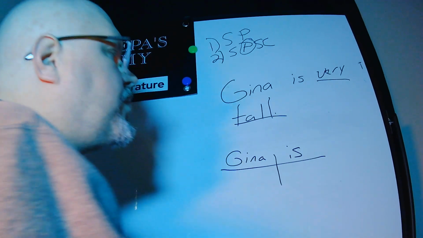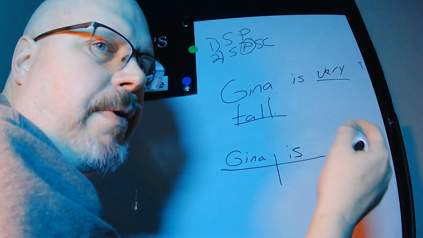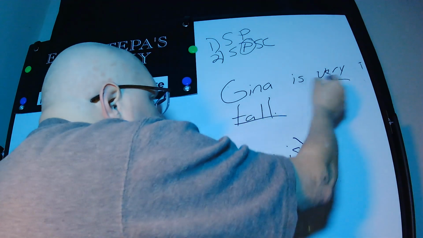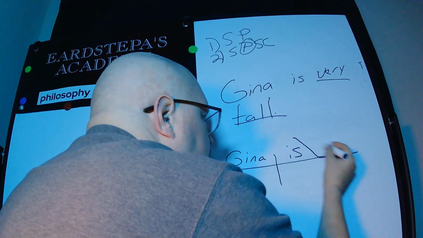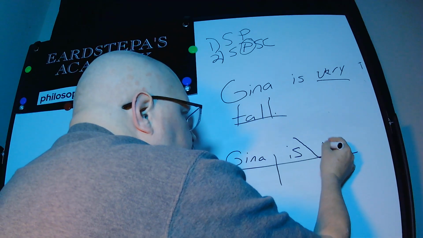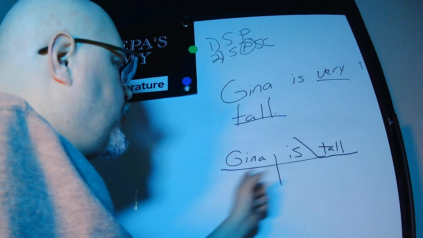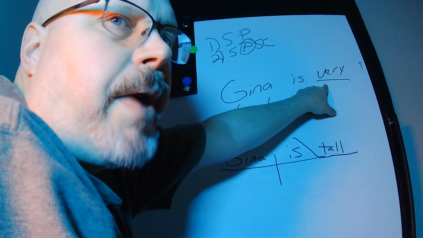Is the predicate, and is is a linking verb, and remember, if it's passive voice or linking, it's bringing this idea back to modify this. So we're going to put the backslash. Tall is what Gina is. Now, what does very modify?